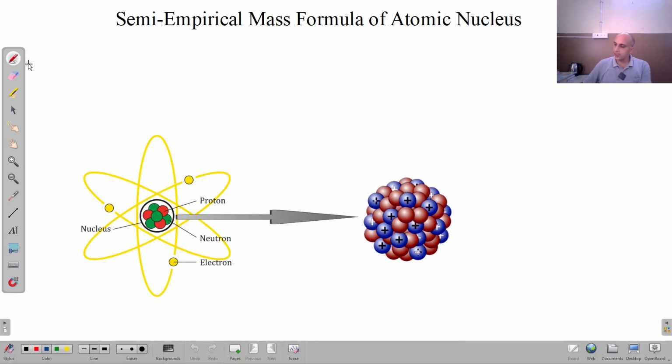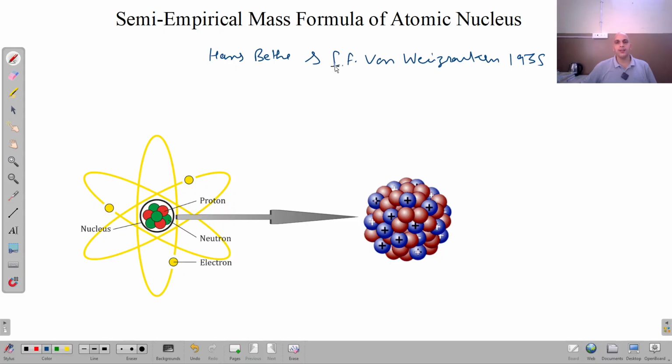In this lecture, I am going to discuss the semi-empirical mass formula of the atomic nucleus, right? This formula was given by Bethe and C.F. von Weizsäcker in 1935, right?